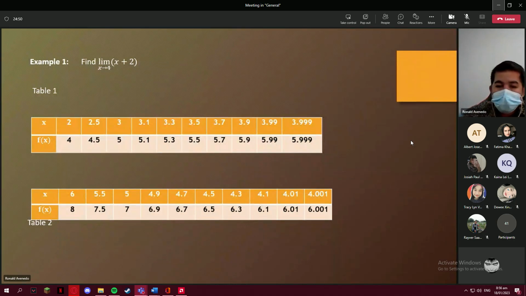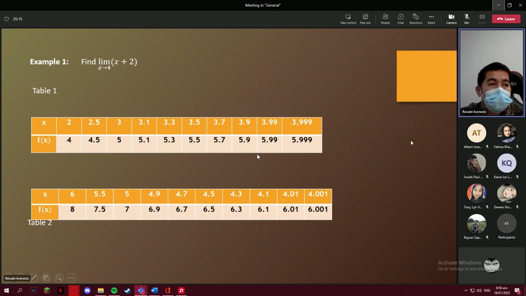Di ba? So dito, from right of 4, so our x is 6, 5.5, 5, 4.9, 4.7, 4.5, 4.3, 4.1, 4.01, 4.001. Kung gusto niyong dagdagan, hindi kayo masyadong busy, pwede yung 4.001 kung gusto niyo lang.